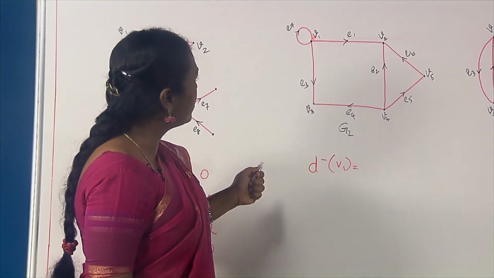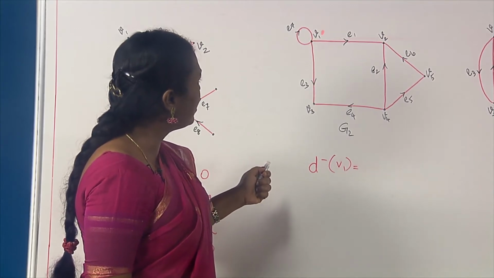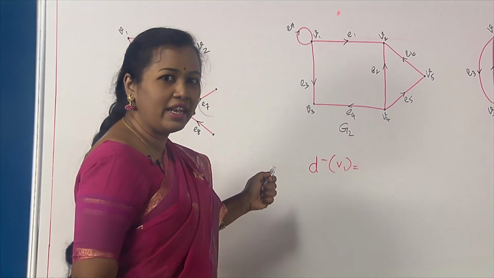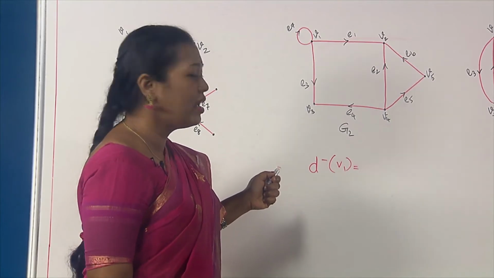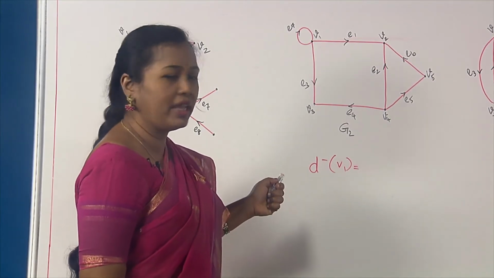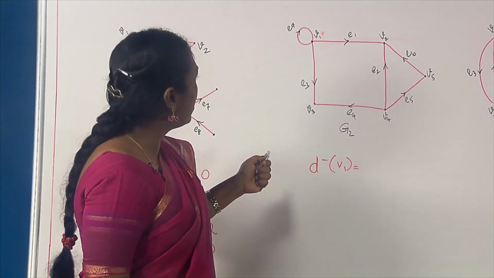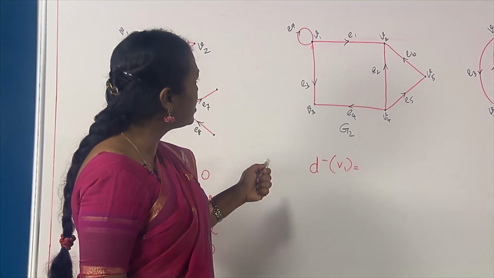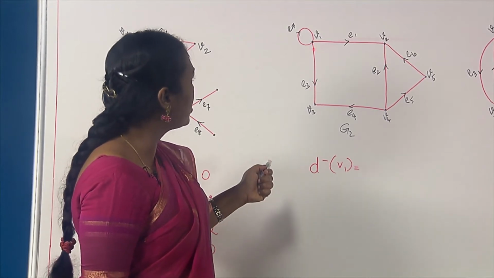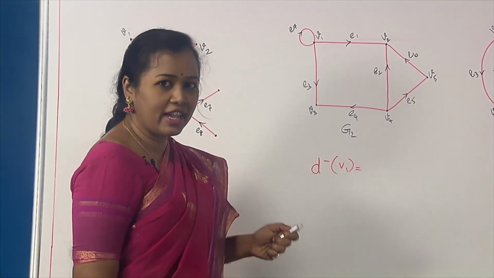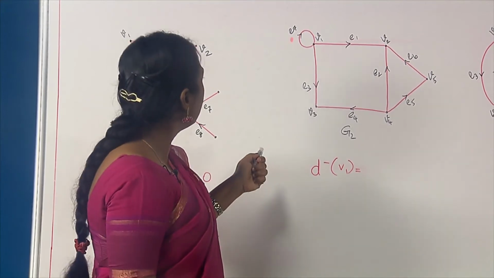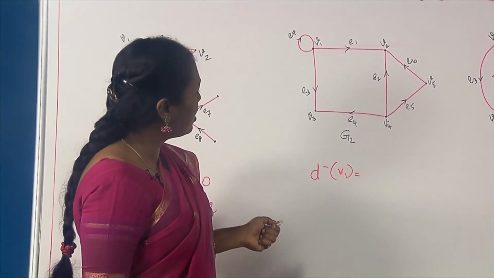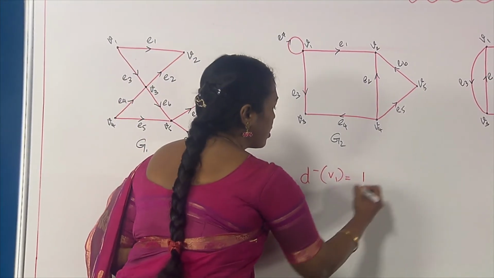See, when an edge is looping inside itself, you take that the in degree count goes by 1 and the out degree count also goes by 1. So here for V1, how many edges are going inside V1? Clearly E1 is not going inside V1 and E3 is also not going inside V1. So the only edge that goes inside V1 is E7. Therefore, the in degree of V1 is 1.